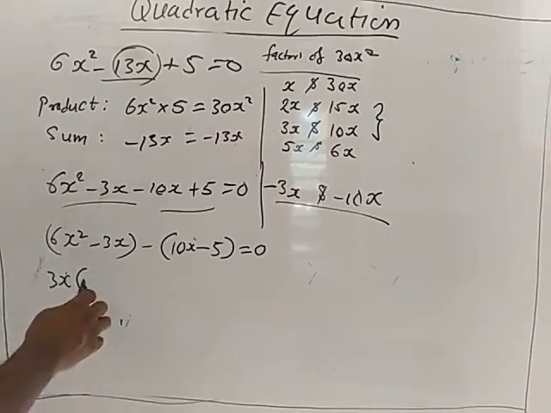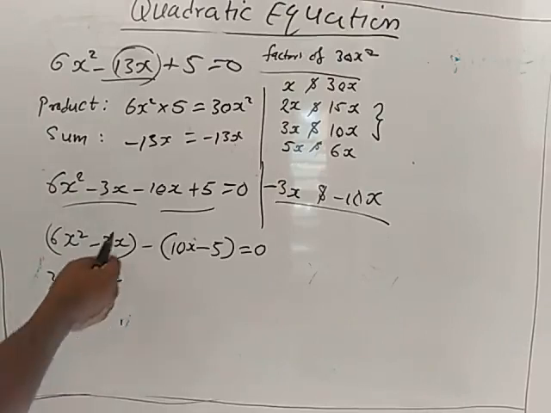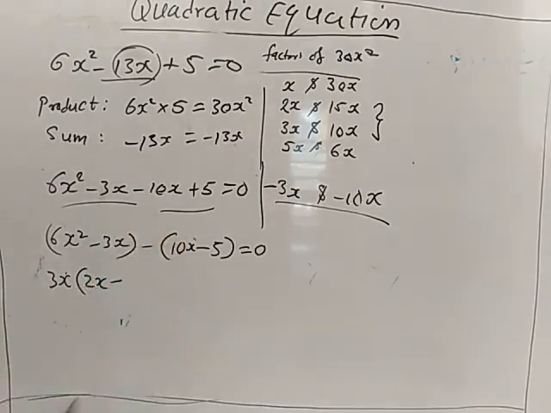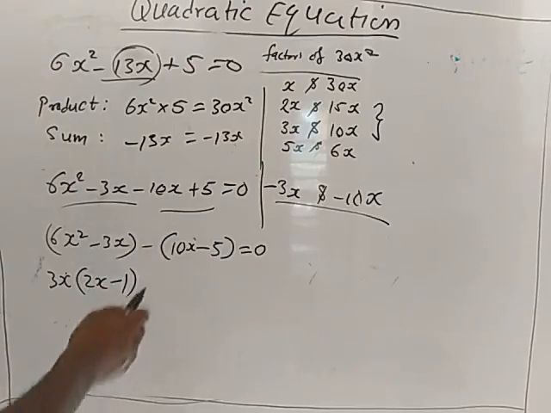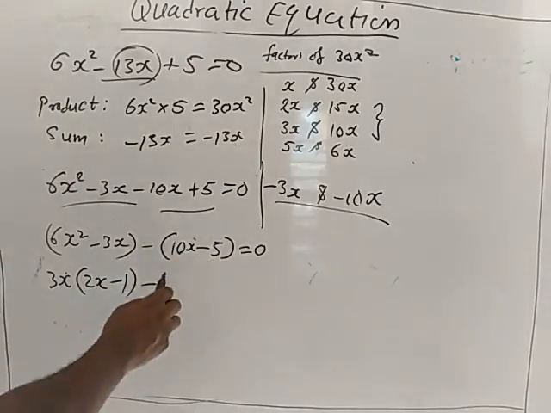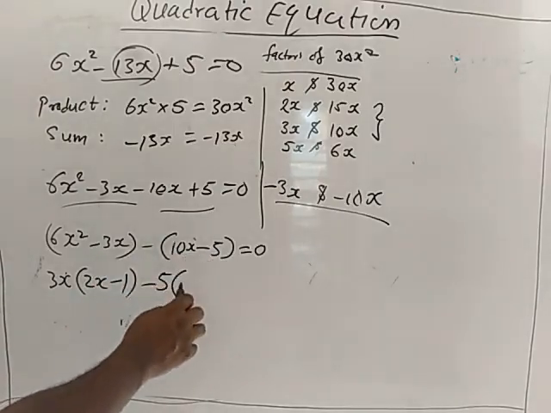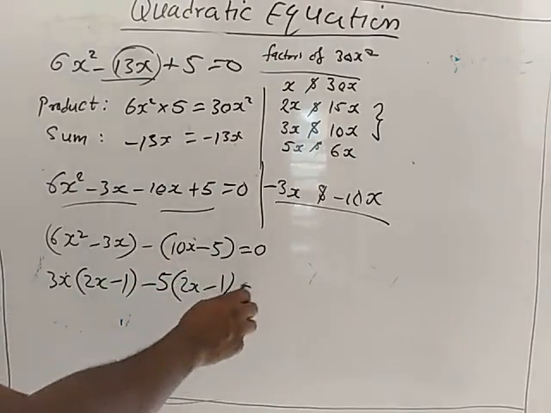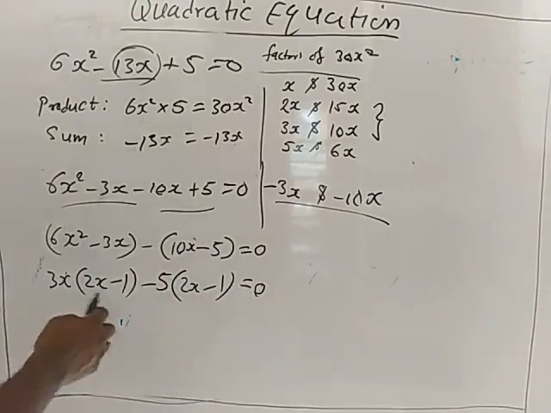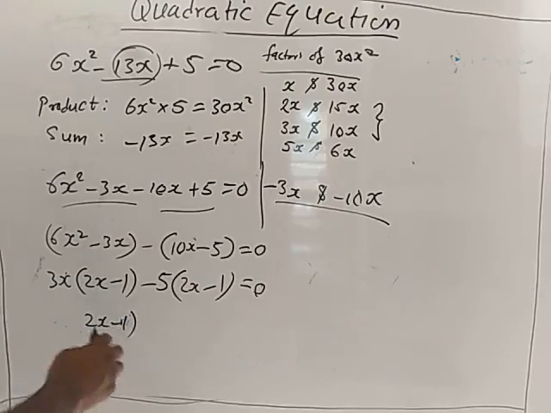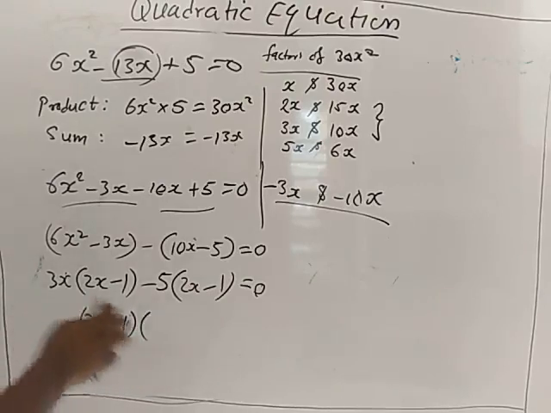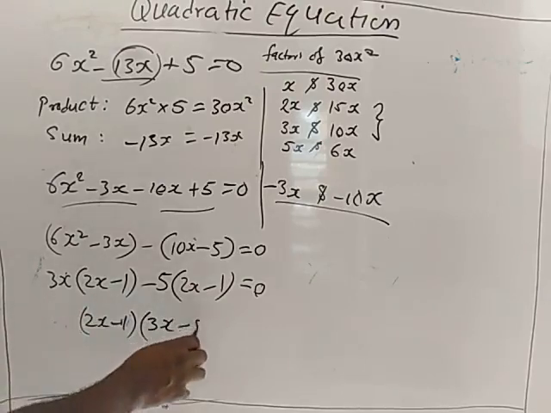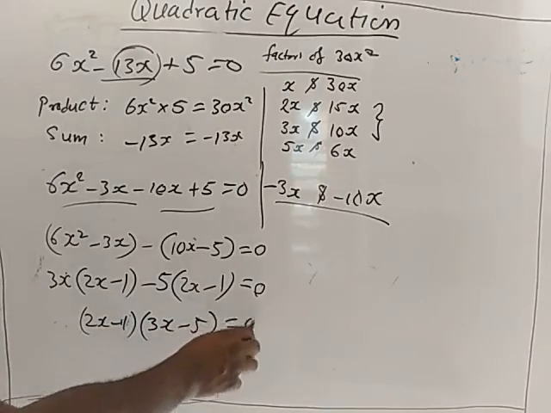How many is remaining here? 2x minus 1. Then what is common to this one? 5. What is remaining here? 2x minus 1 equal to 0. Therefore, we take any of these, 2x minus 1, then 3x minus 5 equal to 0.